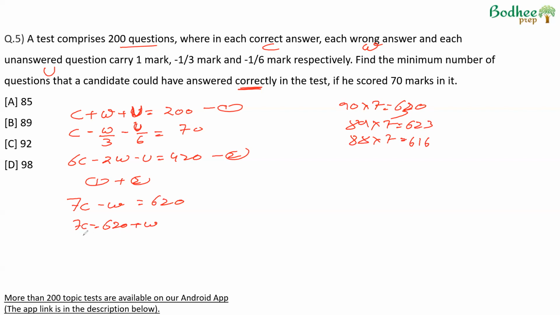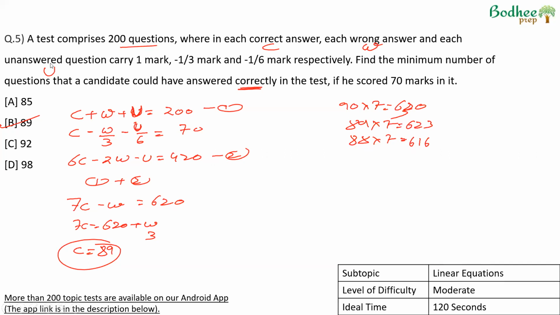And therefore, if W is equal to 3, that is when C will be 89. This is the minimum value that C will have, and W is minimum. As we increase W, the value of C will increase, but that is something that we don't want. What is the minimum number of correct answers that he has to have? He has to have 89 correct answers for sure.